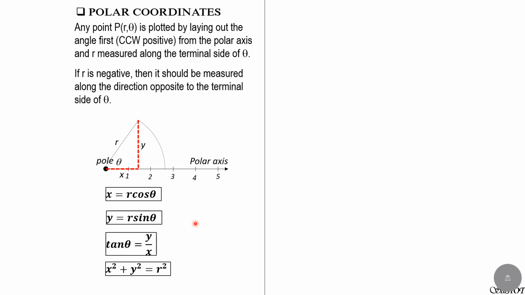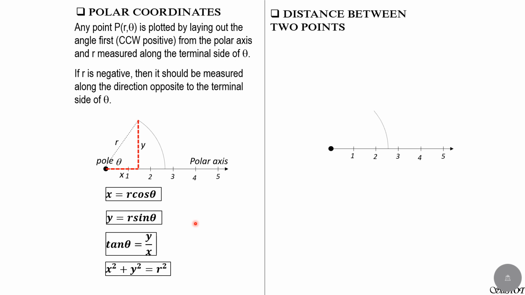Now how about the distance between 2 points, where the points are in polar coordinates? We analyze it as the distance between 2 points. We will form a triangle. So let us say this is r1 comma theta 1.